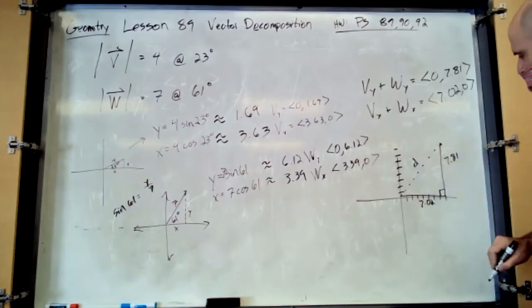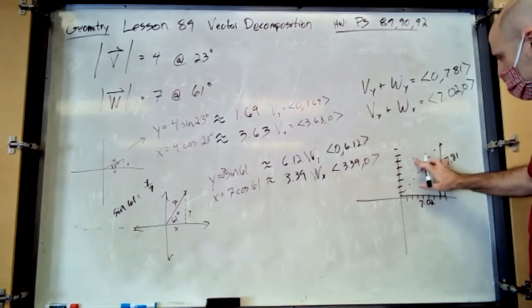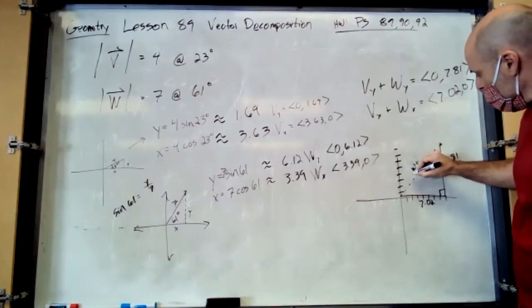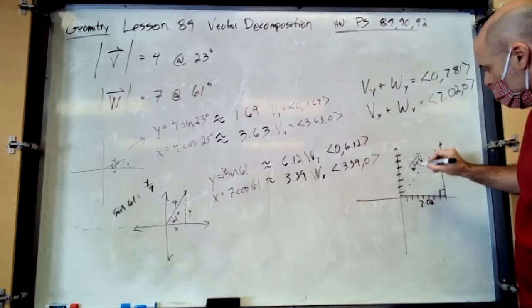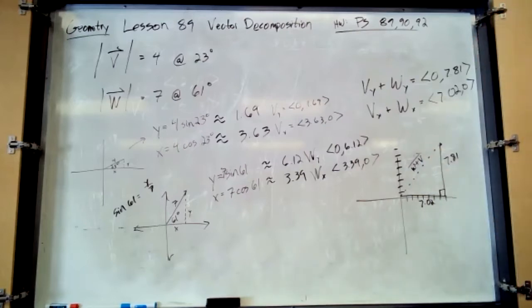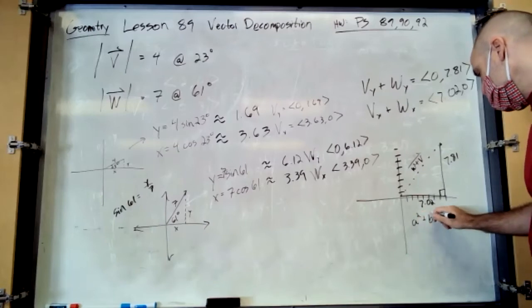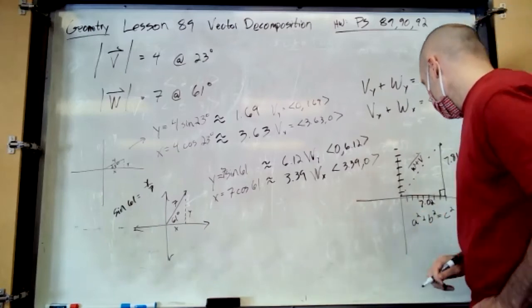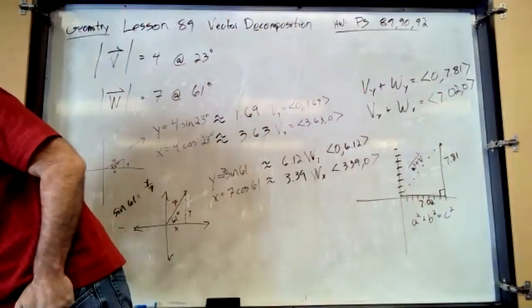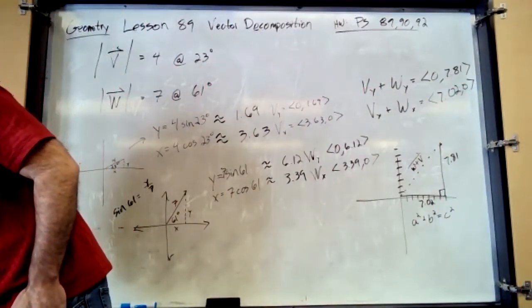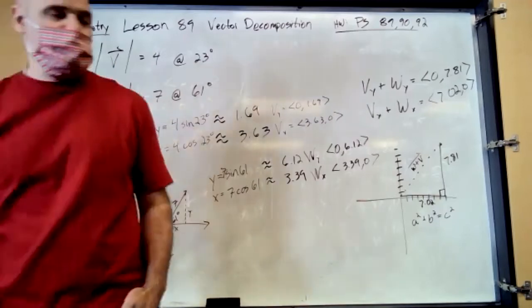I need to know that distance, so this is going to give me the V plus W vector, the result. Pythagorean theorem that: a squared plus b squared equals c squared. So square 7.02, I'll do the math for you, then take the square root of it and you get 10.5-ish.